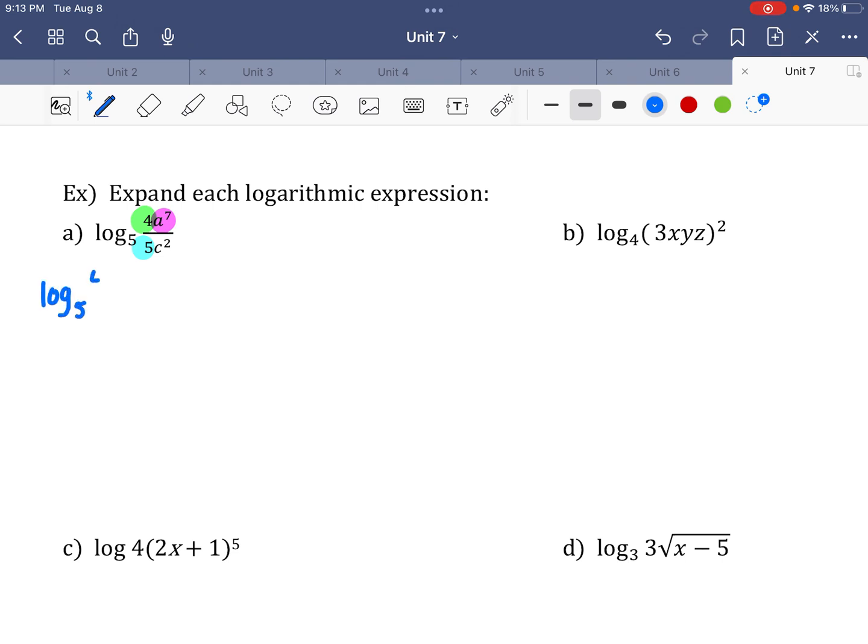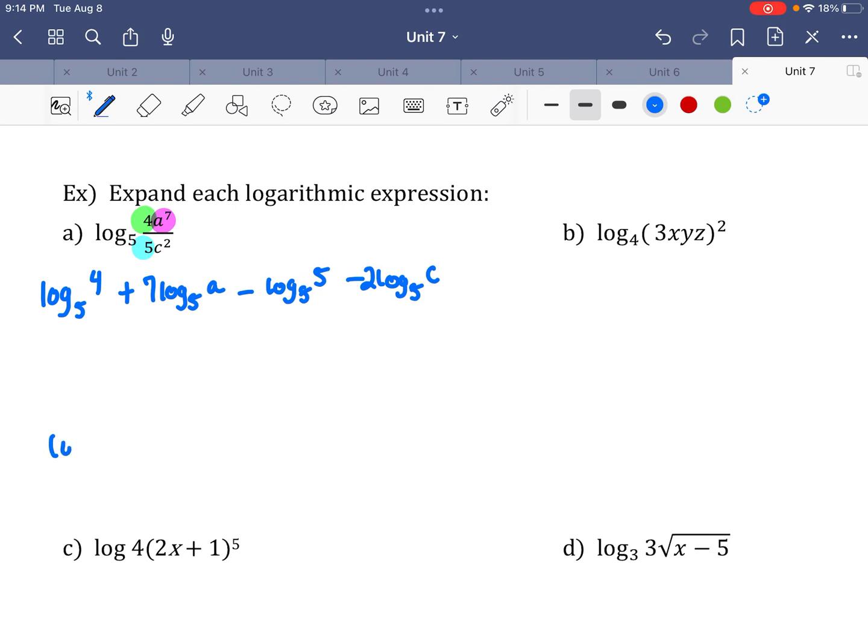Okay, so I'm going to have log base 5 of 4. It's times a to the 7th, so plus log base 5 of a, that 7 can go in front. Now the next 2 are underneath, so it's going to be minus log base 5 of 5, and then again minus log base 5 of c squared, but that 2 can go up front.